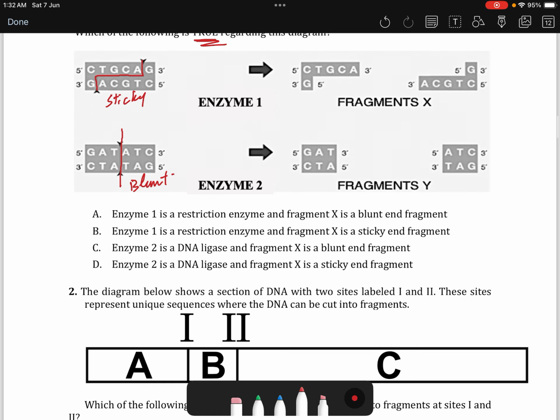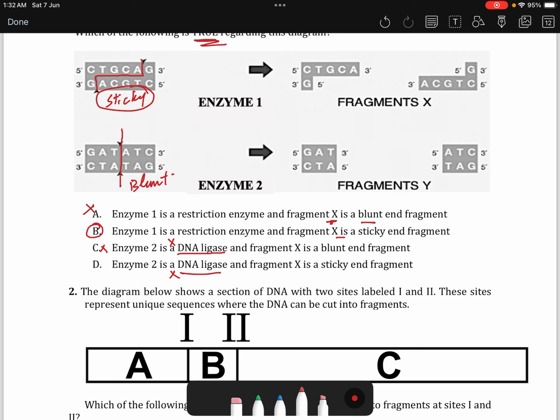Enzyme 1 is a restriction enzyme, yes, and fragment X is a blunt end? No, we already decided it's a sticky end, so this is wrong. Enzyme 1 is a restriction enzyme, yes, and fragment X is a sticky end fragment. That's true, as per our prediction. Enzyme 2 is a DNA ligase?